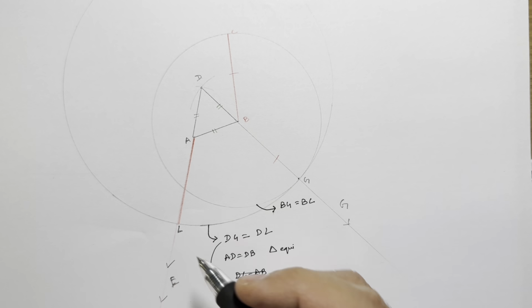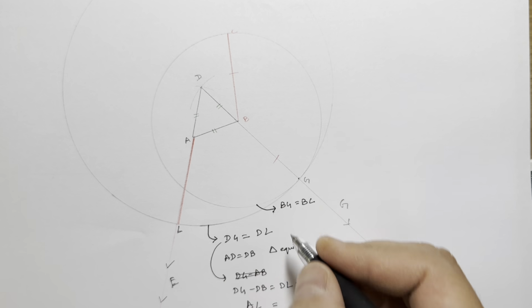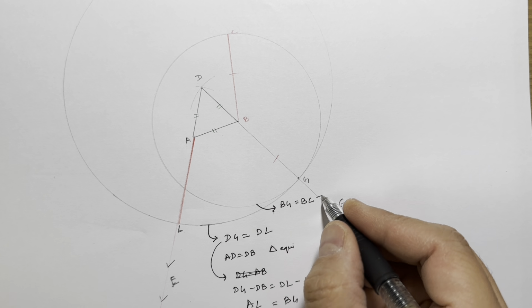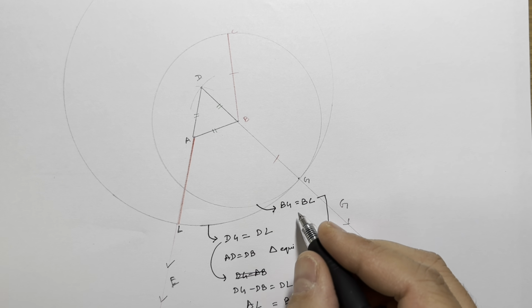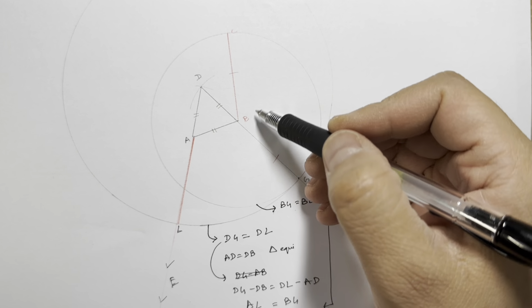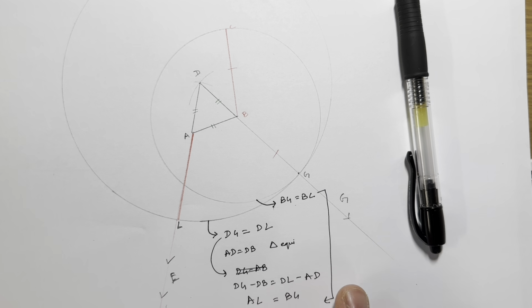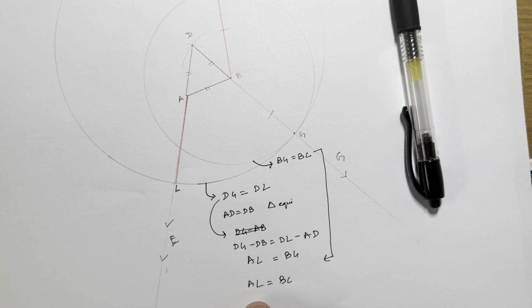We are left with AL, which is the red one, and we are left with BG. We look at this, BG equals BC, so AL equals BC. So the red lines, AL equals BC. It's fairly simple. AL equals BC.